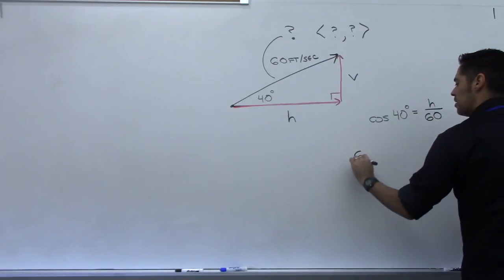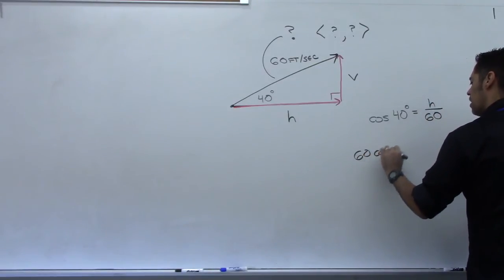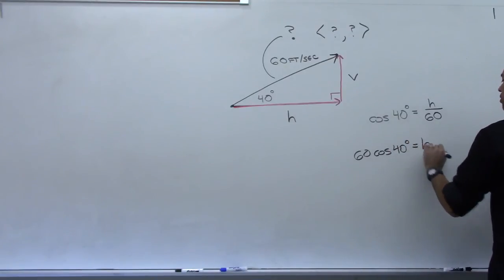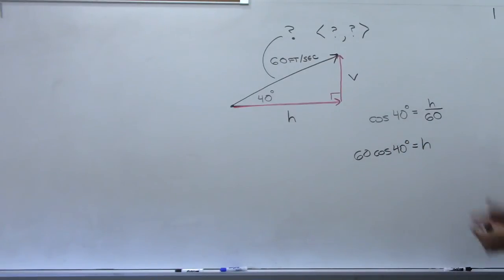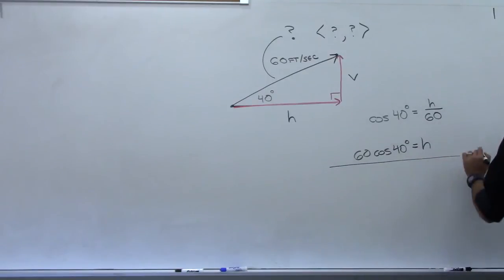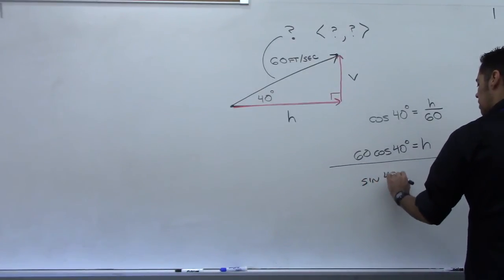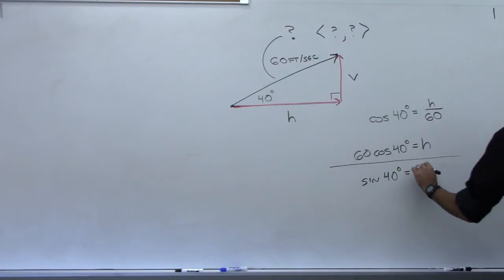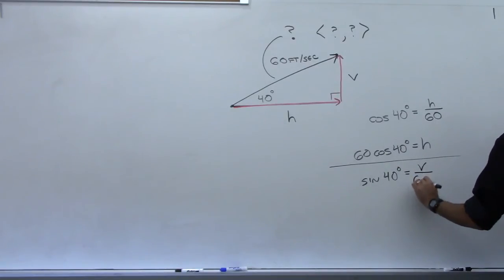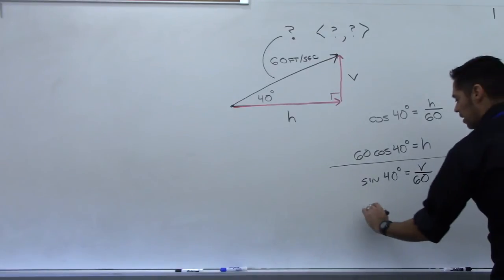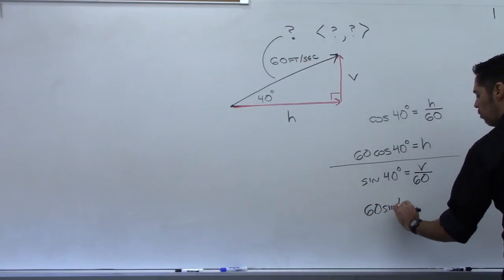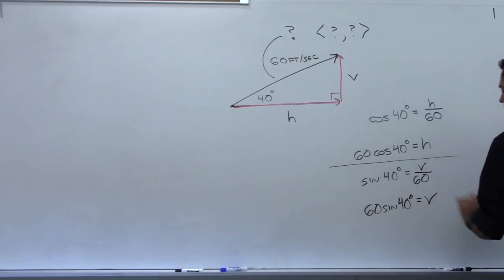And that means 60 cosine of 40 degrees should be H. And then I can do the same thing to get V. I know that sine of 40 degrees should be opposite V over hypotenuse 60. And then multiply both sides by 60. 60 sine of 40 degrees is V.